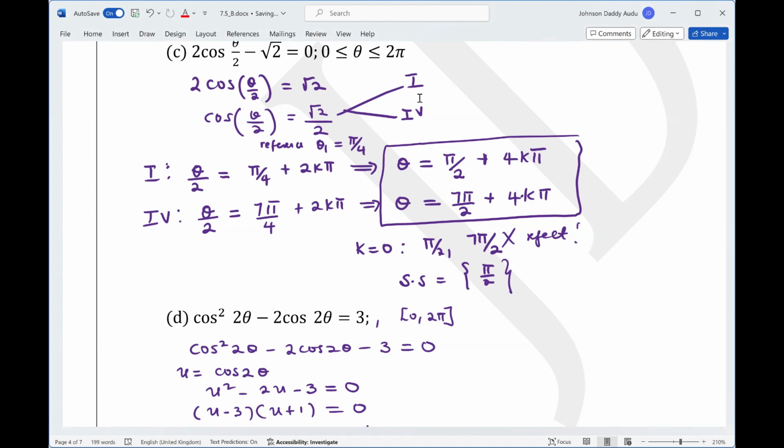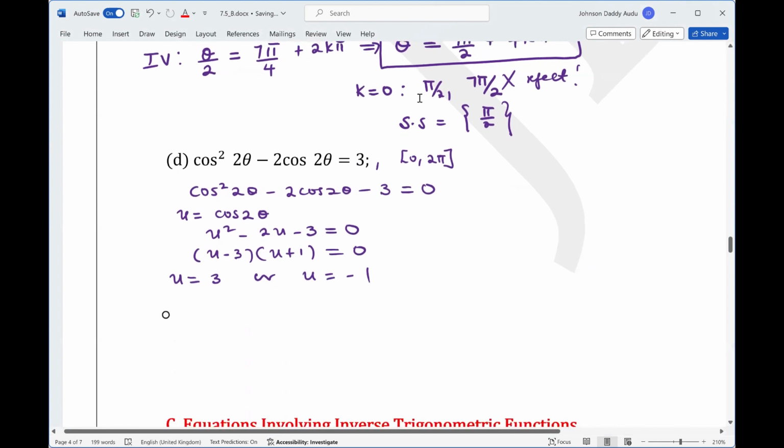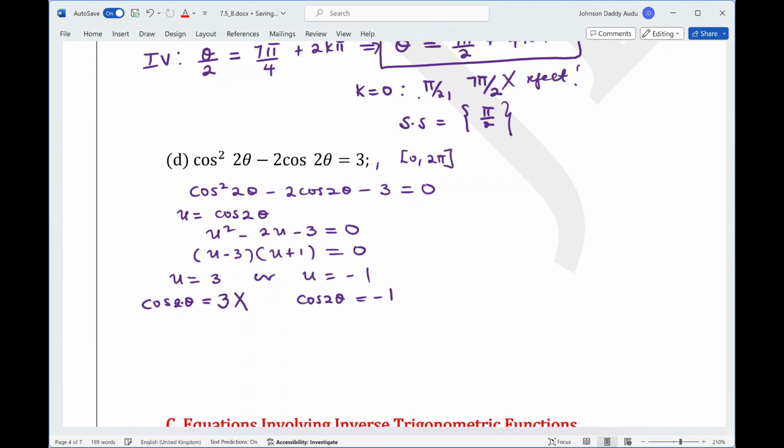Now let's come back here. So what is u? U, remember, is cosine. So we have cosine 2 theta equals 3, or cosine 2 theta equals minus 1. But we know that this is impossible because 3 is not in the range of cosine.